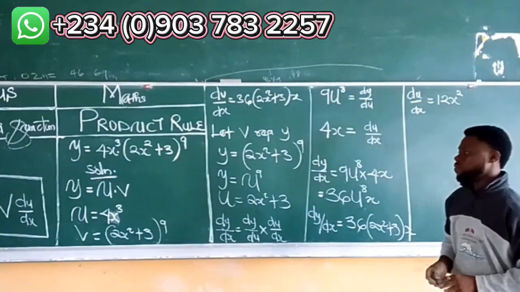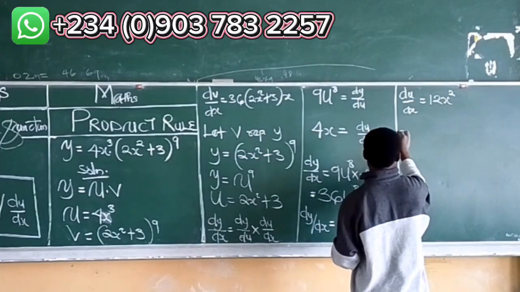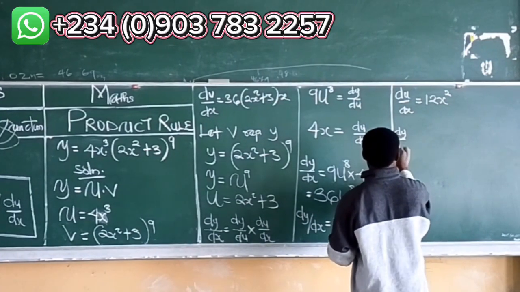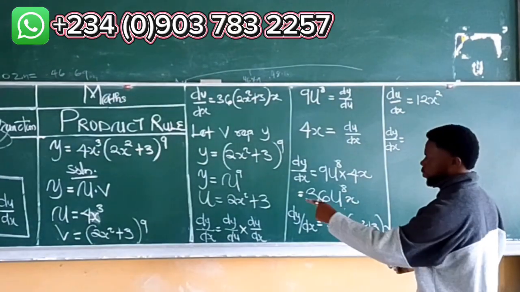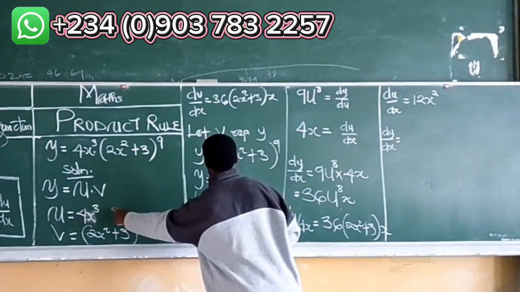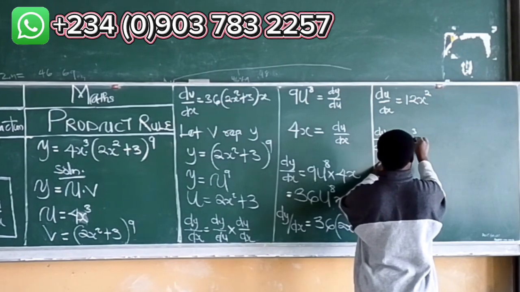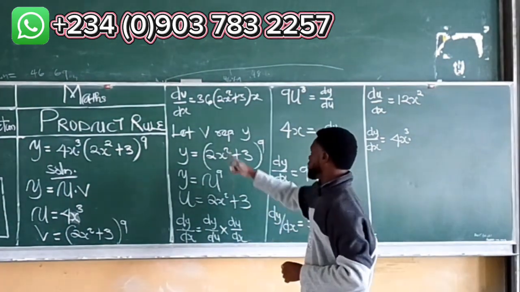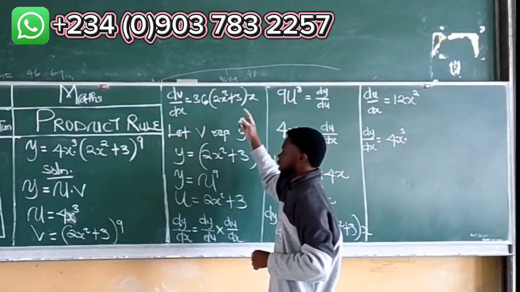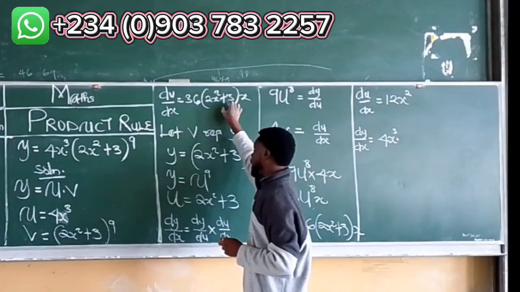Okay, so dy over dx on the board is equal to u, and u is given as 4x raised to the power of 3, times dv over dx, and dv over dx is this. I told you that this could also be written as 36x times this.